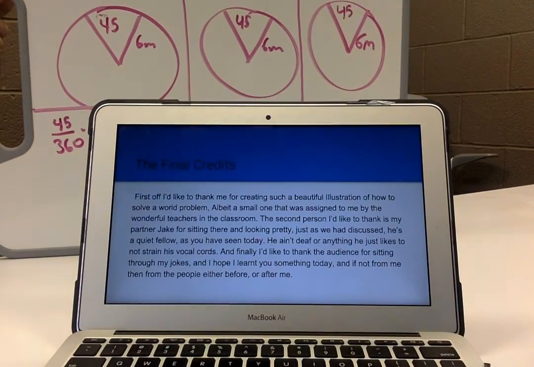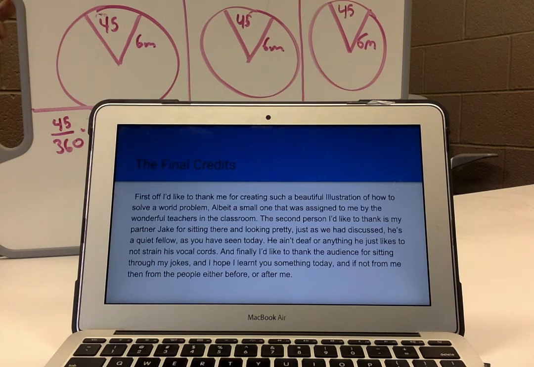The final credits. First off, I'd like to thank me for creating such a beautiful illustration of how to solve a word problem, albeit a small one, that was assigned to me by wonderful teachers in the classroom. The second person I'd like to thank is my partner Jake for sitting there and looking pretty.